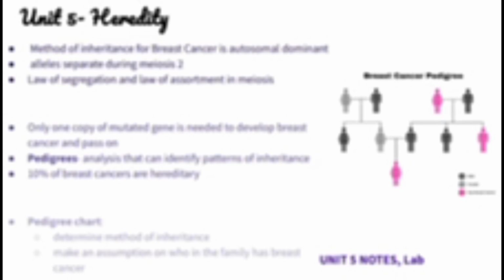And we're also focusing on pedigrees, which are analyses that can identify patterns of inheritance, showing how knowledge from the family's older generations applies to the newer generations, to see who is potentially a carrier or has breast cancer. This connects to the photo on the right, which is a pedigree of a family with breast cancer.